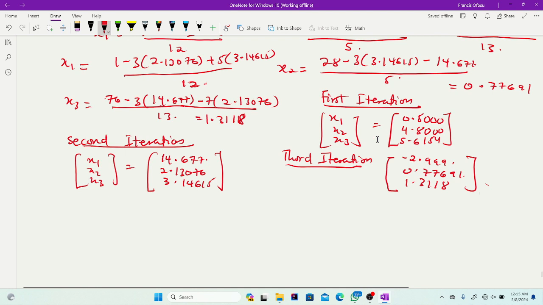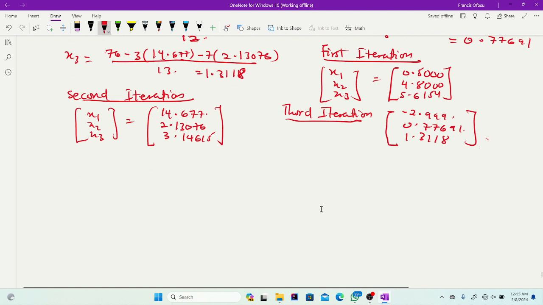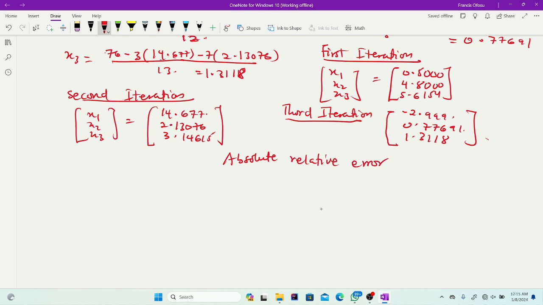Okay, I have the first iteration, I have the second, and I have the third iteration. Now let me introduce you to a concept called the absolute relative error. Because we are iterating, we are guessing the value, we didn't go ahead to solve for the system, but we are trying to assume that the values are this and we are iterating.